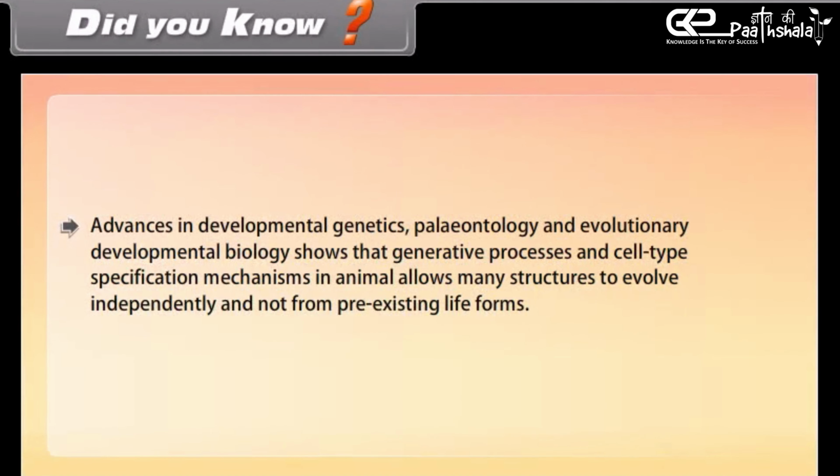Did you know advances in developmental genetics, paleontology, and evolutionary developmental biology shows that generative processes and cell type specification mechanisms in animal allows many structures to evolve independently and not from pre-existing life forms.